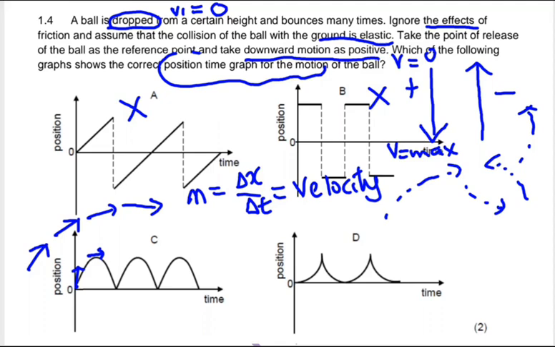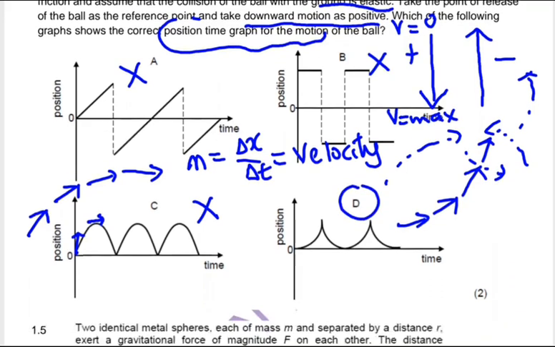If you drop a ball from rest, then the ball is going to increase velocity as it goes down. So C is out. If you look at D, D is showing you that the gradient of the graph starts from a slow value and begins to increase as you go up, which is consistent with the idea of dropping a ball. So the correct answer for this question must be D.